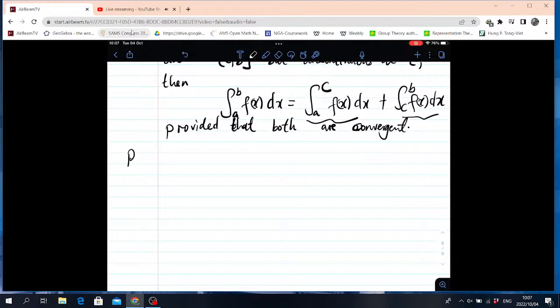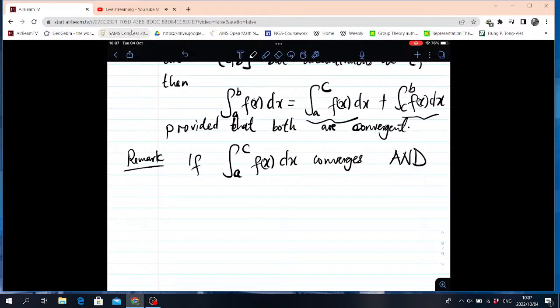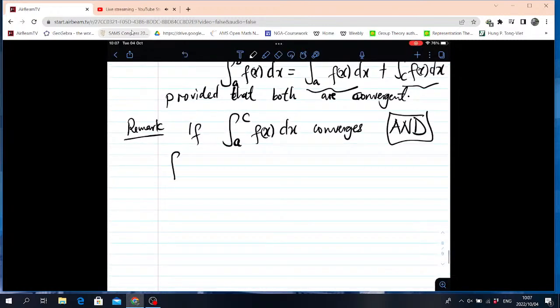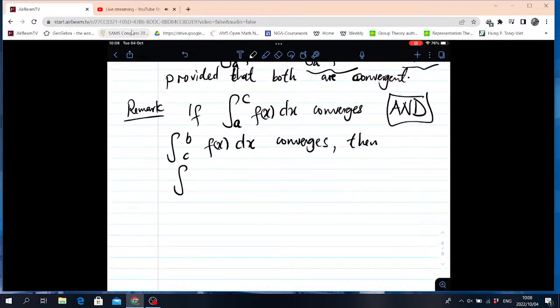Just to note, in the third scenario, if this converges and, the and here is important, the other one also converges, then that is when we say the integral from A to B of f of x converges.